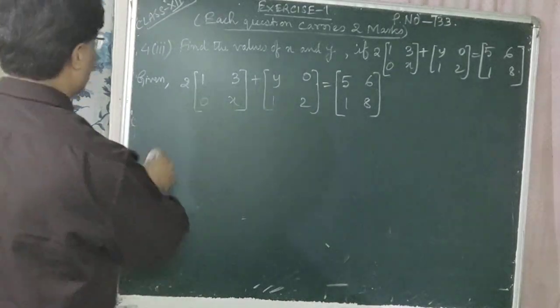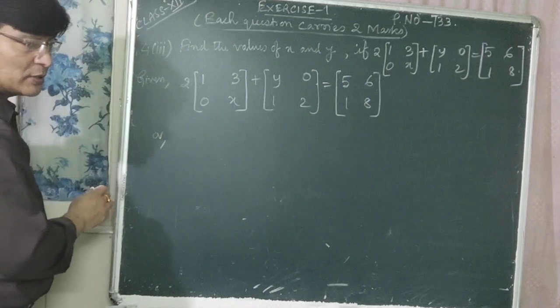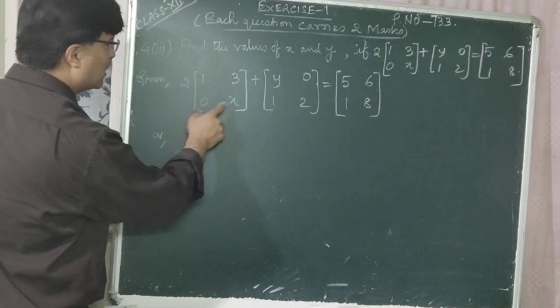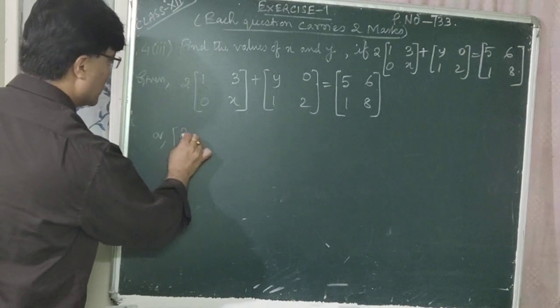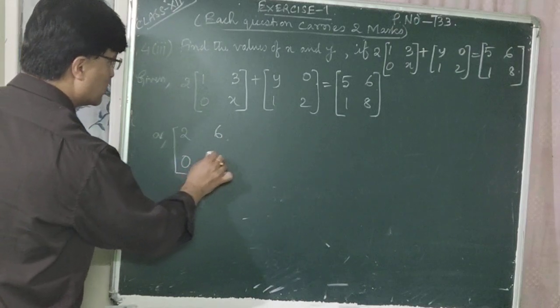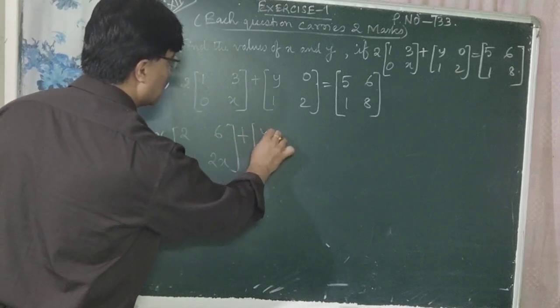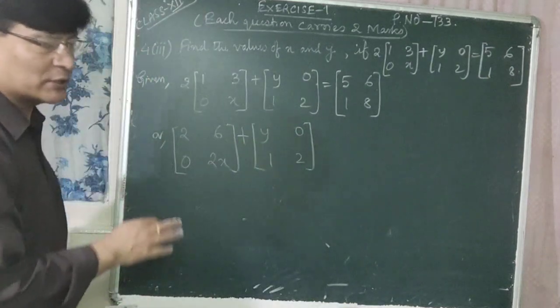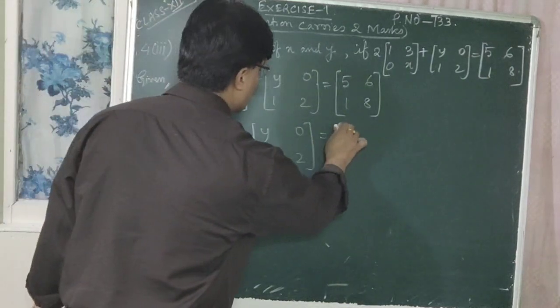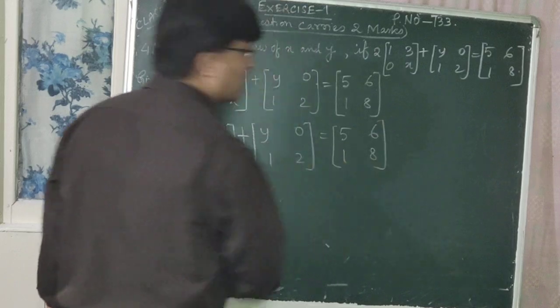Here 2 is the scalar multiplication of this matrix, so you have to multiply all the elements of the matrix by 2. 2 1s are 2, 2 3s are 6, 2 0s are 0, 2 into x is 2x, right? Plus [y 0; 1 2], this matrix remains the same, is equal to [5 6; 1 8], right?